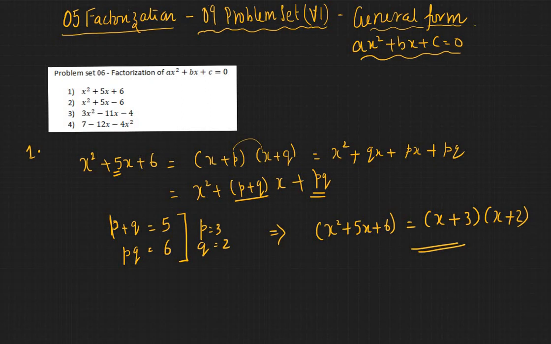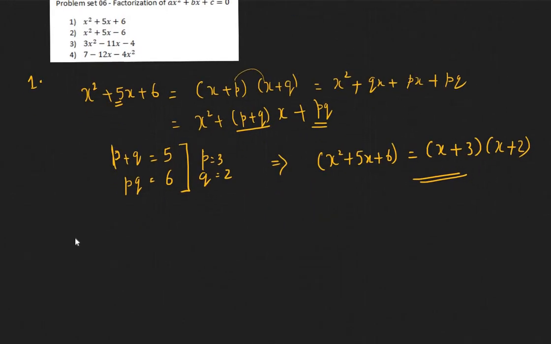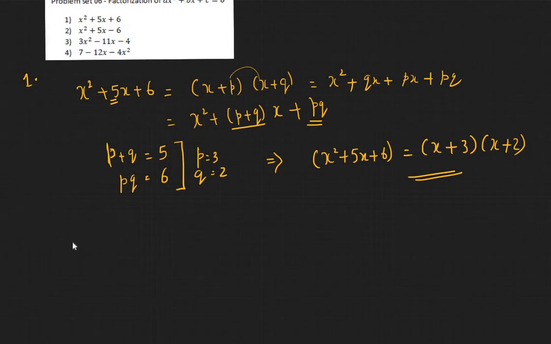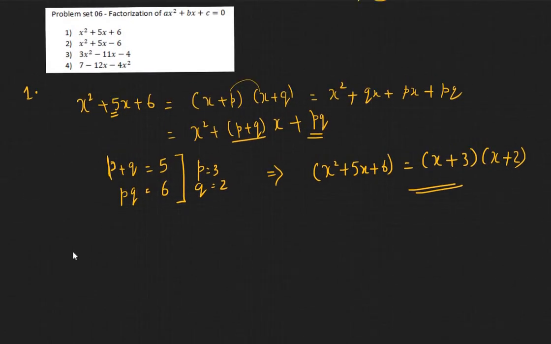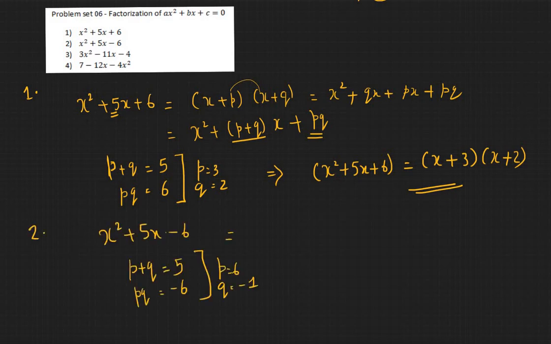The next one, I urge you to pause the video and try to do the second problem by yourself. So in this problem, the sum of terms is 5 and the product of terms is minus 6. That will give you p as 6 and q as minus 1.